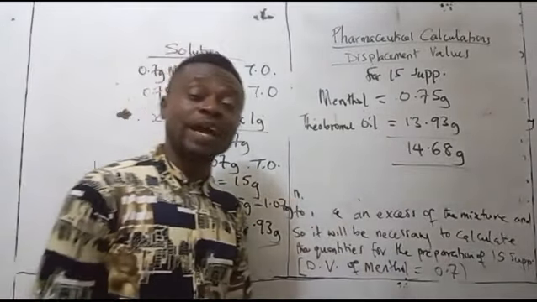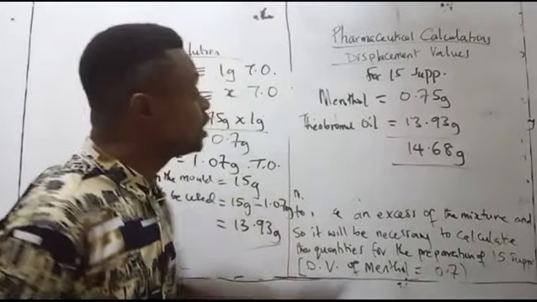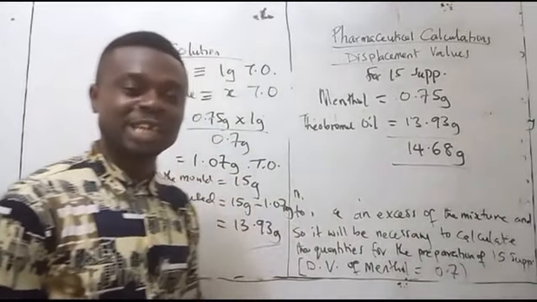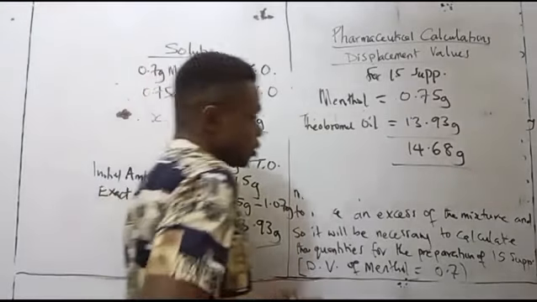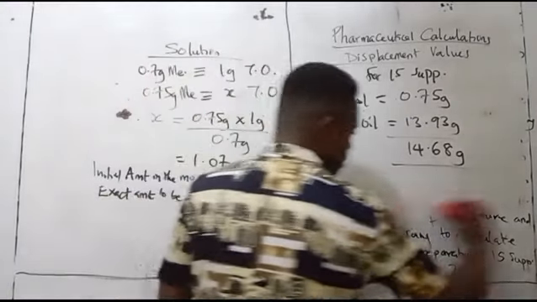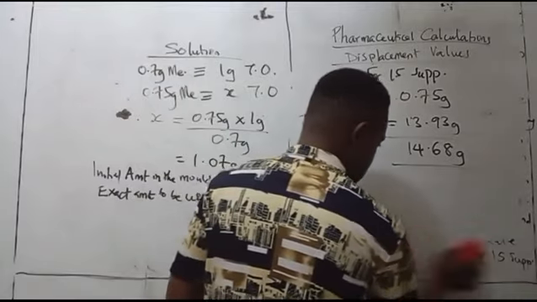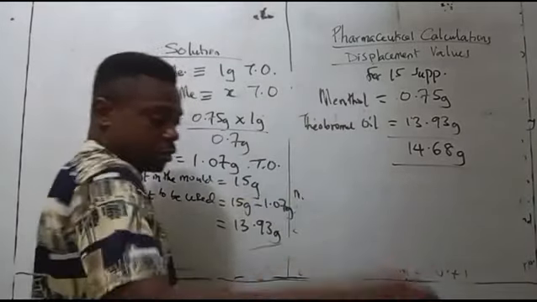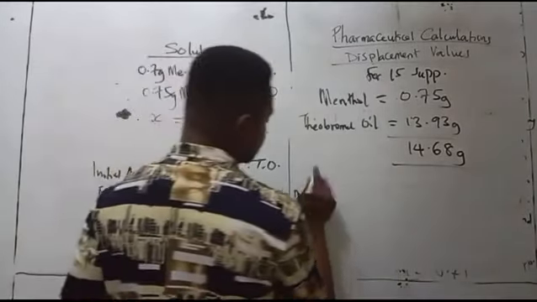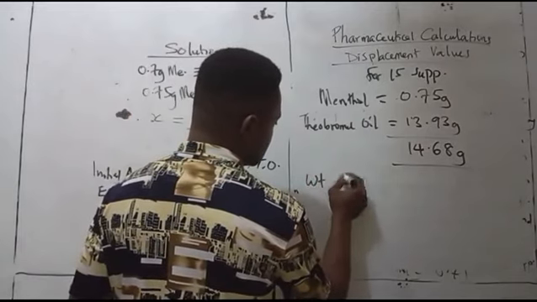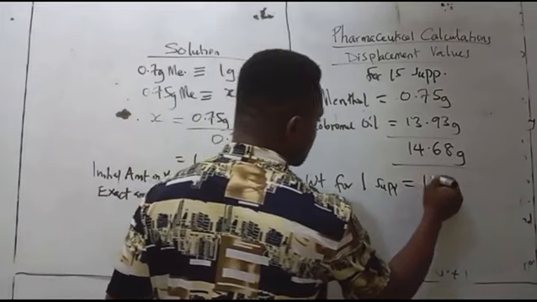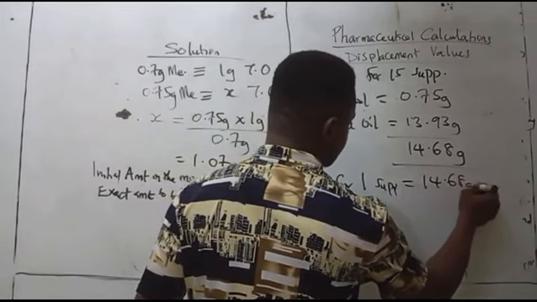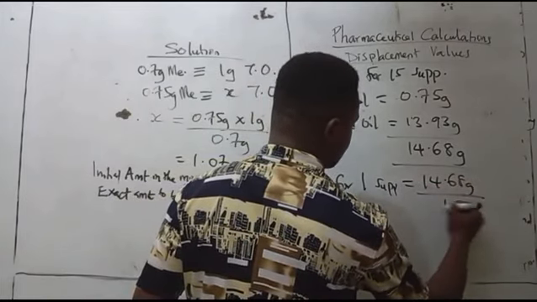We are asked to find the weight for one suppository. That means we divide this 14.68 gram by 15. Weight for one suppository is now equal to what? 14.68 gram over 15.